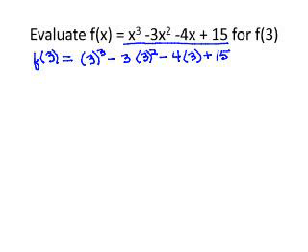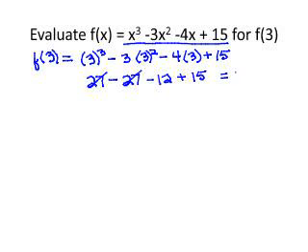Okay, so when we evaluate this, 3 to the third is 27. 3 squared is 9 times 3 is 27. Negative 4 times 3 is negative 12 plus 15. All right, the 27 and the negative 27 cancel. Negative 12 plus 15 is 3. So f of 3 is 3.